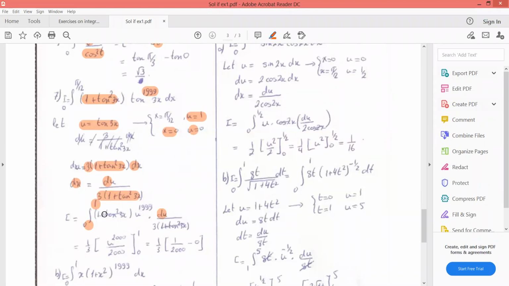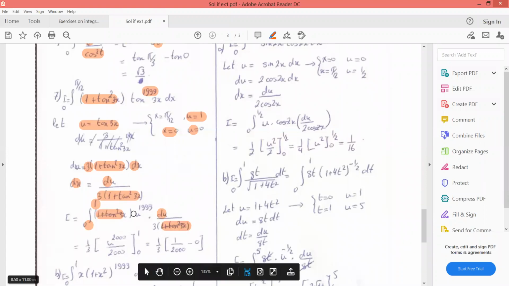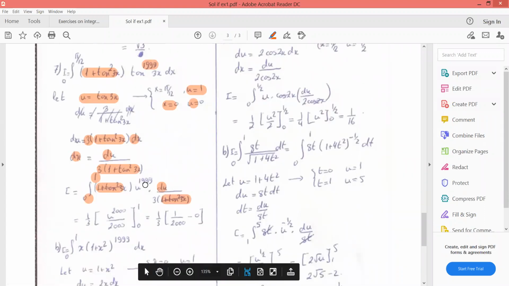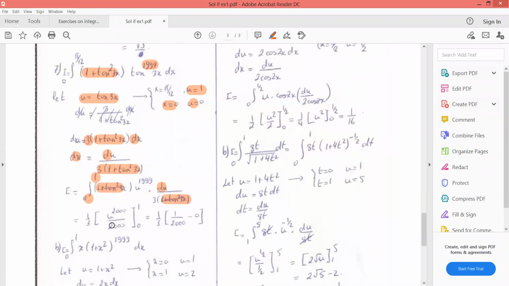We simplify 1 plus tangent squared 3x with 1 plus tangent squared 3x. The constant 1 over 3 we leave outside. I add the power: 199 plus 1 gives u to the power 200 over 200. We replace between 0 and 1.